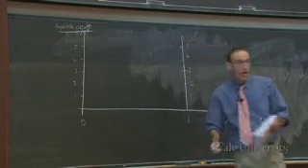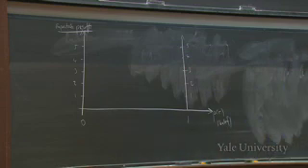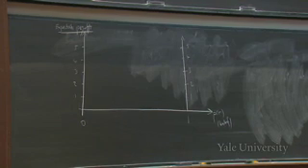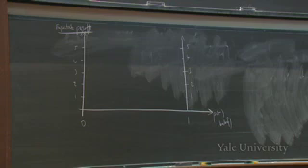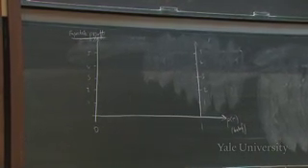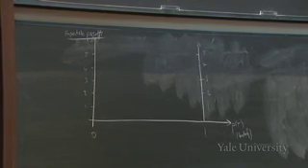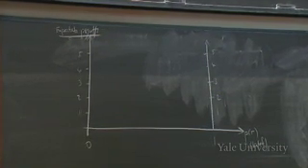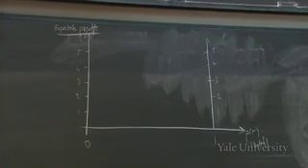Okay. Let's start by plotting my expected payoff from choosing the strategy up. So this isn't so hard. We know that if there's probability 0 that the other guy chooses right, that's the same as saying they choose left.